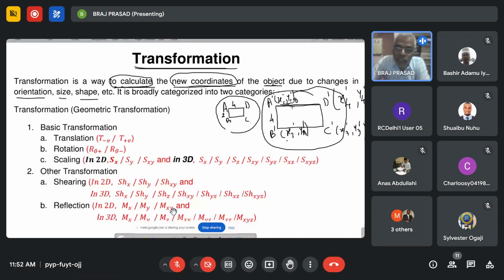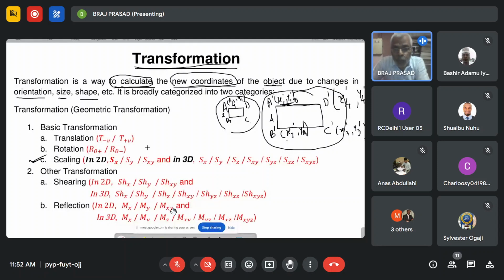Due to this, the coordinate of A, suppose it is x1 y1, now changes. So to find the coordinate x1 dash y1 dash, we need some technique. That technique is called transformation, and this type of size change is technically called scaling. Scaling is used to change the size of the object.